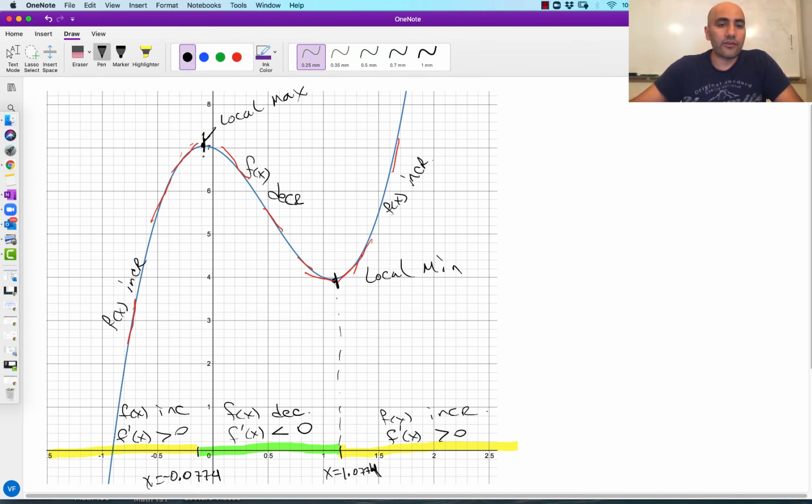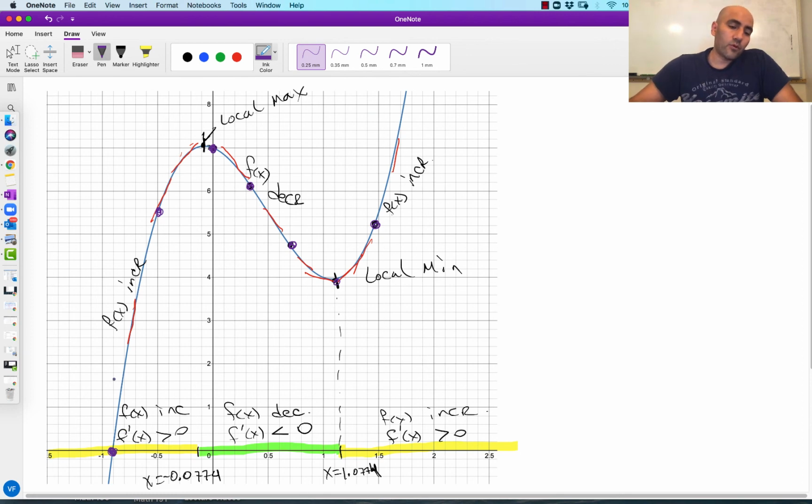If I knew that there was a local maximum there, and maybe I also knew where the y-intercept was, maybe a couple of other interesting points around there, and I knew this was a local min, maybe another point over here. Okay, let me make them in purple so they stand out a little more. See this point, this point, this point, and maybe some other point over here. And if you can get it, maybe this point over here.